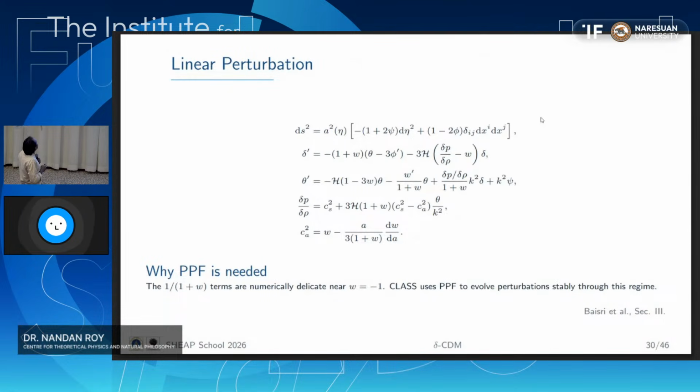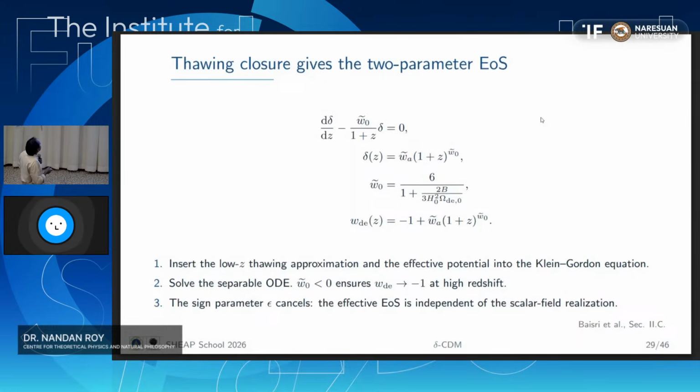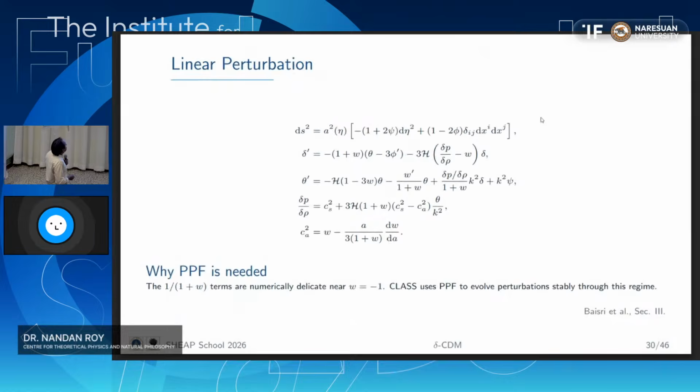Right. Now once you get your equation of state delta z, you can actually form the WDE. Now when you get the WDE, you can consider this to be a fluid approximation of the thawing scalar field models, and then you can actually calculate the perturbation. These are the standard stuff.